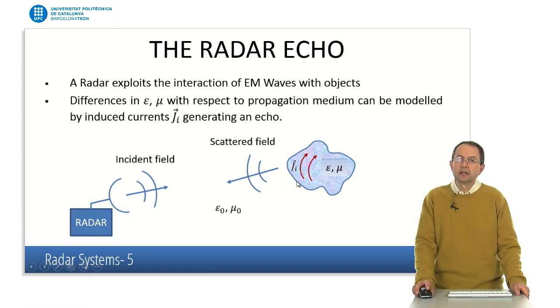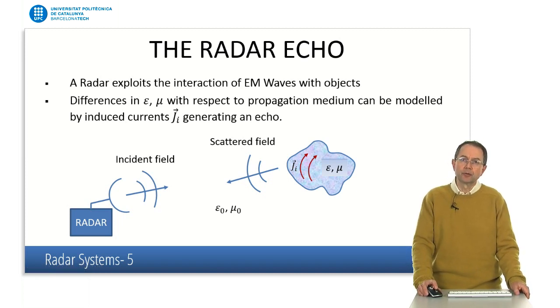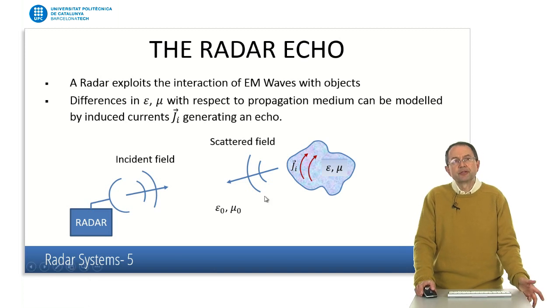We can model the interaction with induced currents on this target, which are responsible for an echo production. Then this echo is propagated back to the radar, and the radar contains a sensitive receiver, which is going to extract information of the object from the echo received. So this is the basics.